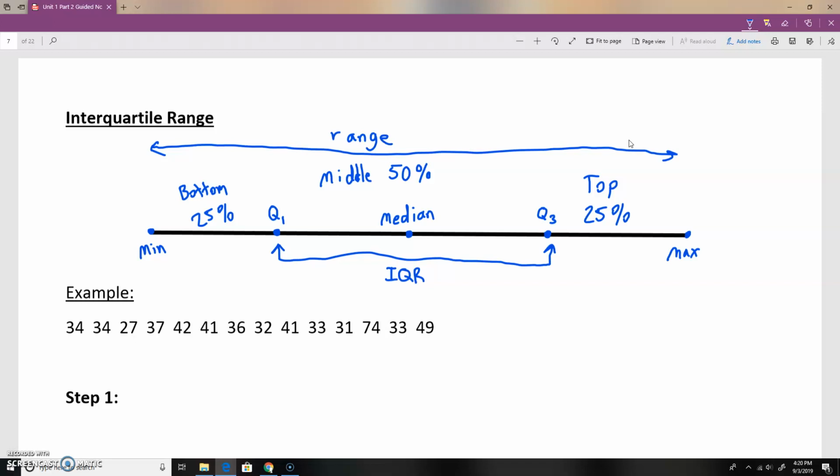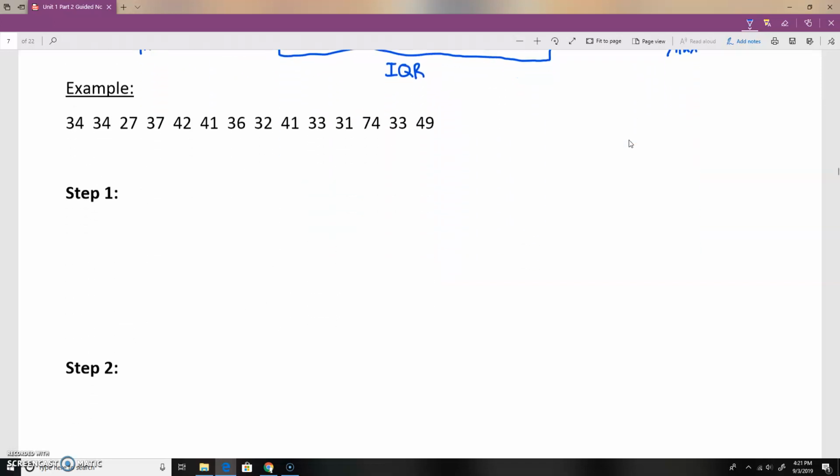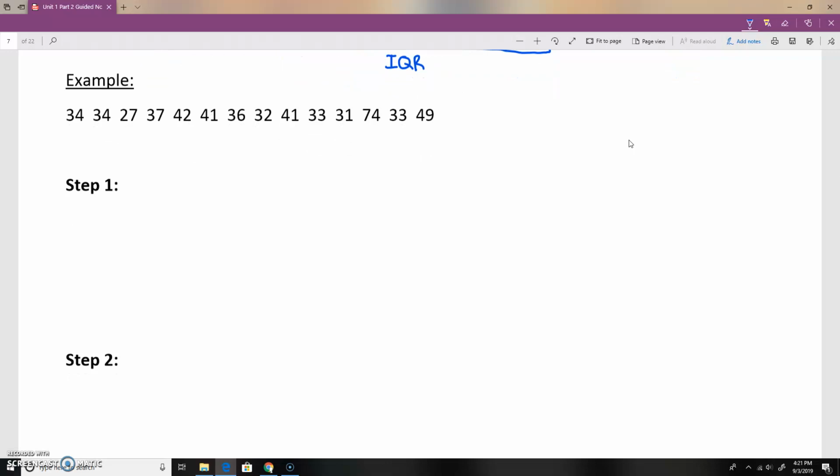Okay, so let's look at an example. All right, so we take this example here. The first thing we're going to do is we need to put the data in order, smallest to largest, and find the median, just like we've been doing.